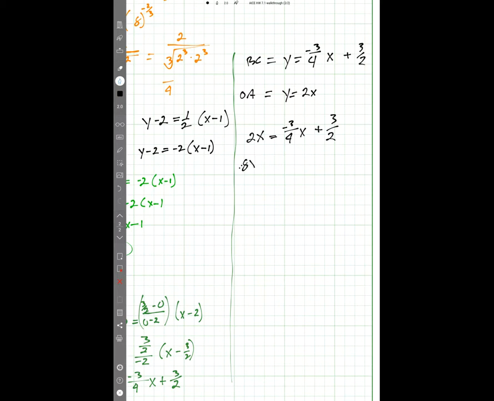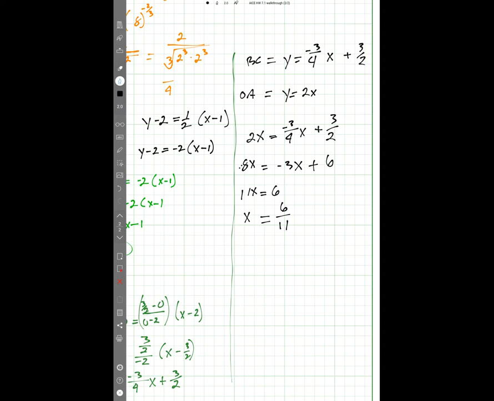Multiply through by 4. You get x is equal to 6/11. So you get 6/11 for x.